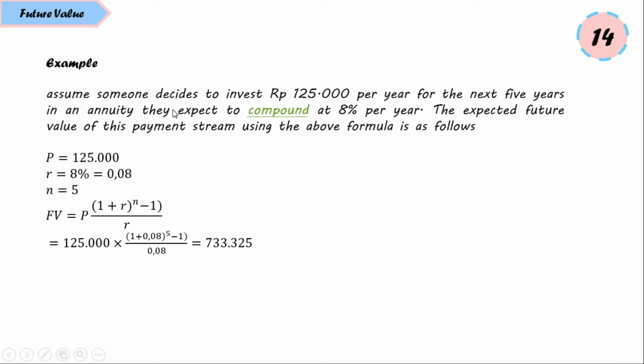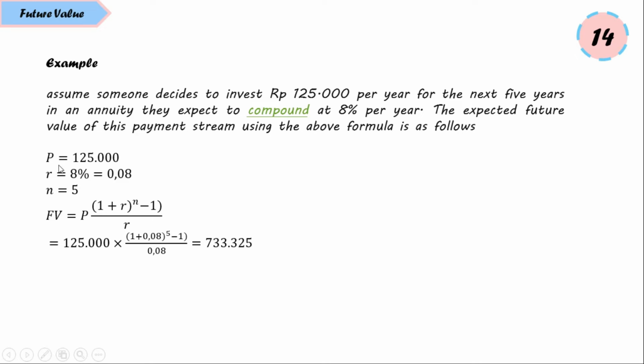Example, assume someone decides to invest 125,000 per year for the next 5 years in an annuity they expect to compound at 8% per year. The expected future value of these payments using the above formula is as follows.